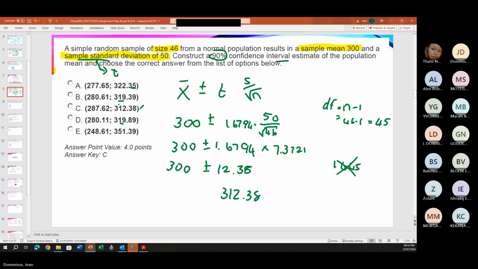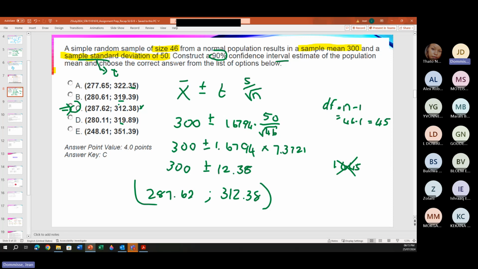Okay, so there it is. But let's just look at the bottom one: 300 minus 12.38 is 287.62, which is option C. More important was to identify that we're working with a T instead of a Z. Because of a T, we need degrees of freedom, 45.